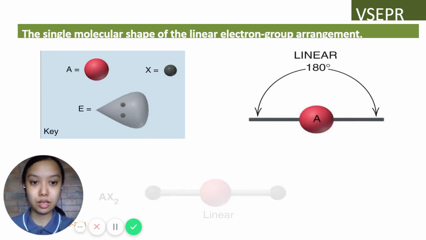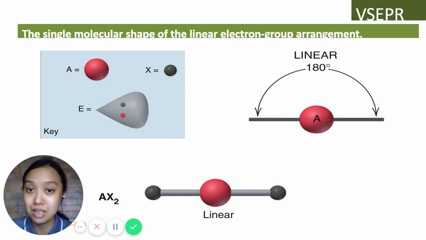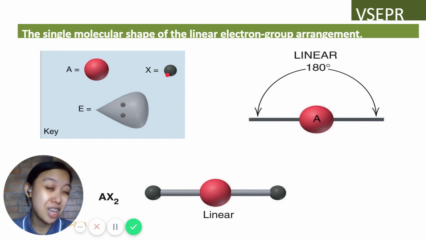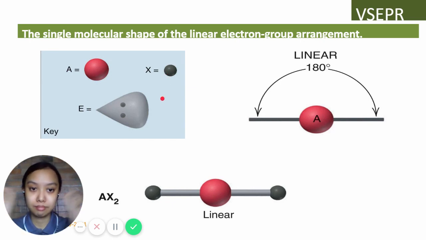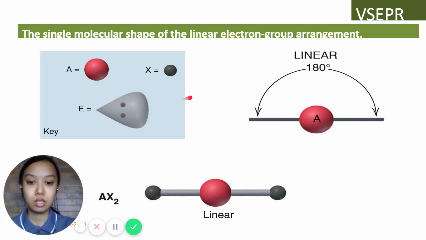So I have this example right here. This is linear. A is the central atom. E is represented by these balloons that have two dots signifying the lone pairs. And the grayish circles right here are your surrounding atoms, the ones connected to the central atom.